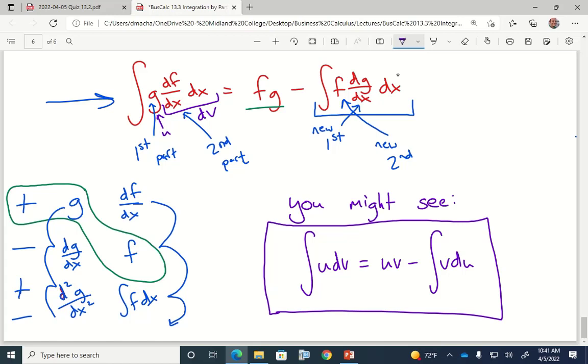And so then we write f times g, that would be like v times u, or u times v, and we write minus antiderivative of f, but that would be the same thing as v, and the derivative of g would be the same thing as the derivative of u, or du. So you could write antiderivative of v du, and so that's why you see this thing going on. Again, if this doesn't help you, you don't have to remember this.